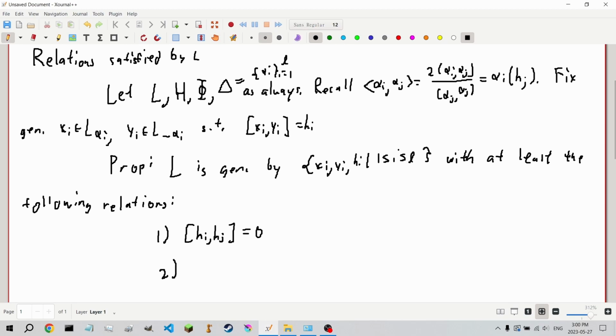Relation 2 is that the bracket of an x and a y is going to be, if they share an index, h of the index they share. If they don't share an index, it's going to be 0.